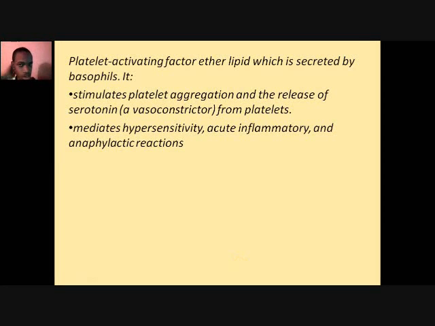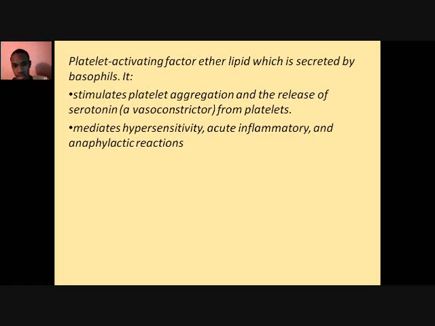Now another category of plasmalogens is platelet activating factor, and this ether lipid is secreted by basophils. Some of the functions include stimulating platelet aggregation, hence the name platelet activating factor, and the release of serotonin, which is a vasoconstrictor, from platelets.